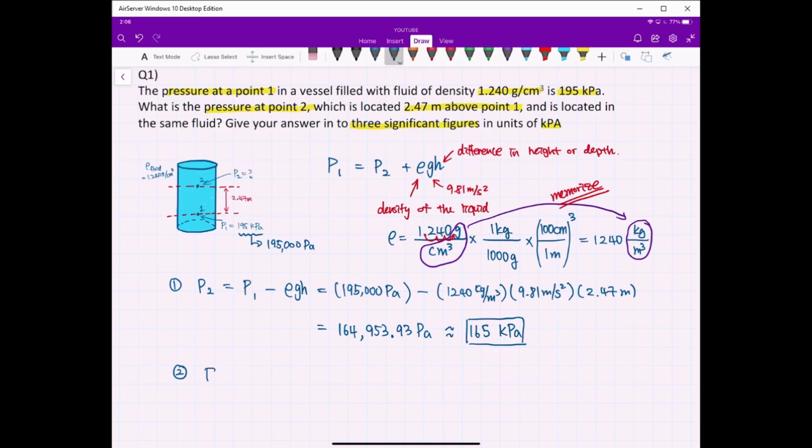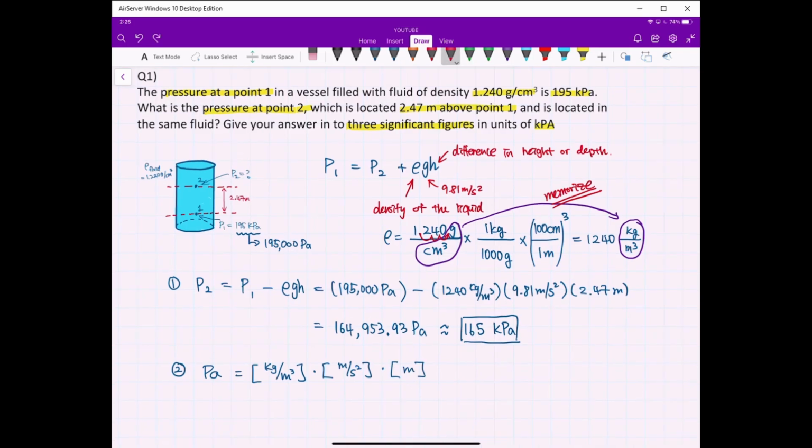Pascal is a derived unit made by multiplying kilogram per meter cube, meter per second square, and a meter. And to get a kilopascal, we need to divide Pascal by 1000, which you can write as times 10 to the power of negative 3.